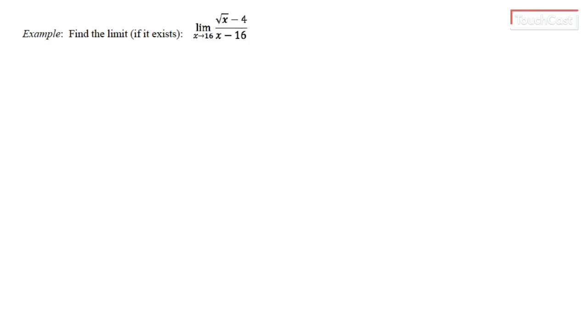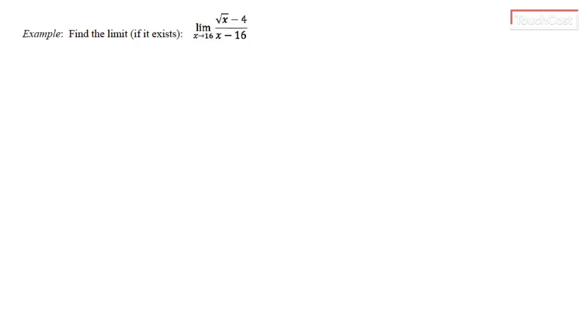Remember the conjugate of a binomial, for example x plus 3, is the binomial x minus 3. So two binomials are conjugates if they have the same two terms but a different operator in the middle. One will have addition and one will have subtraction. So the conjugate of the numerator is square root of x plus 4.